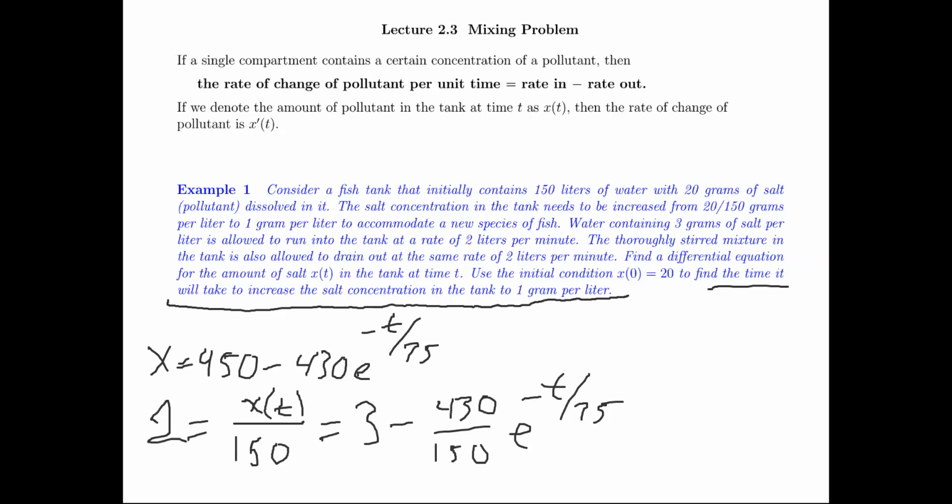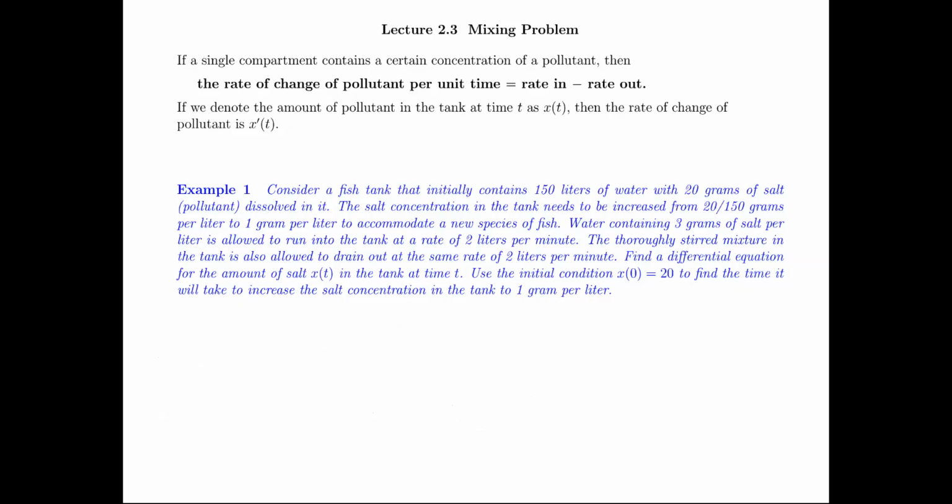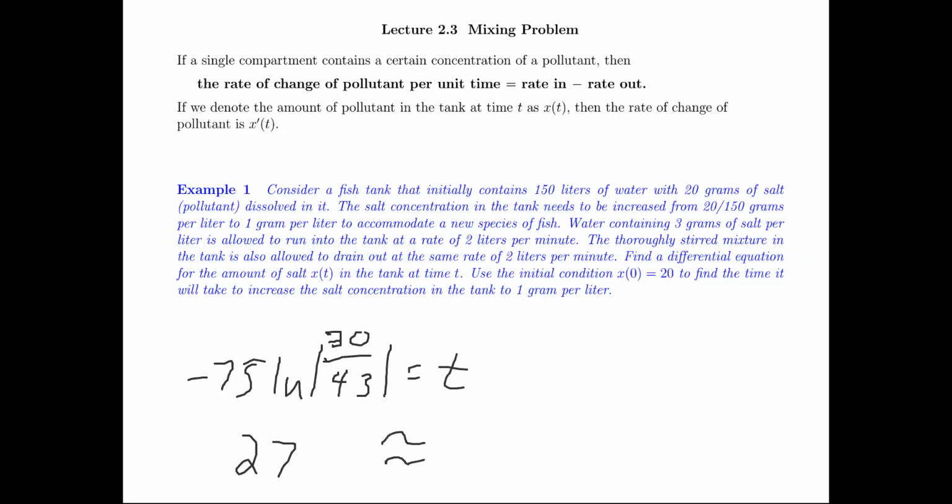Move over the 430 over 150 by dividing by that, and then take the natural log of both sides and solve for t. Once you do all of that, you should end up with negative 75 natural log of 30 over 43. Sorry, I'm supposed to say 30. That is equal to t, which is approximately 27 minutes.